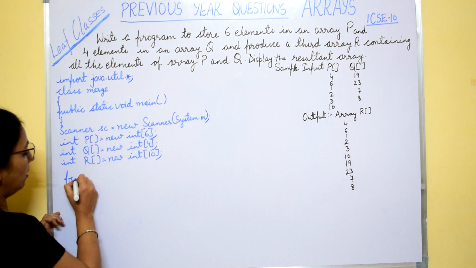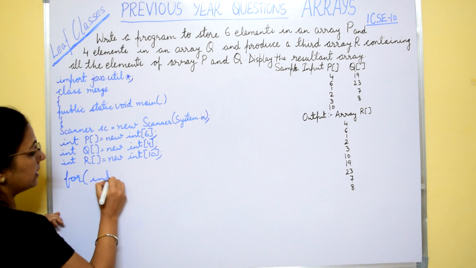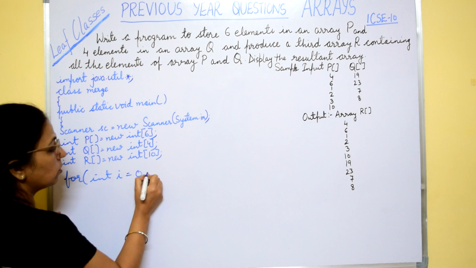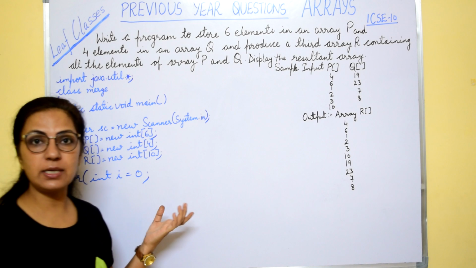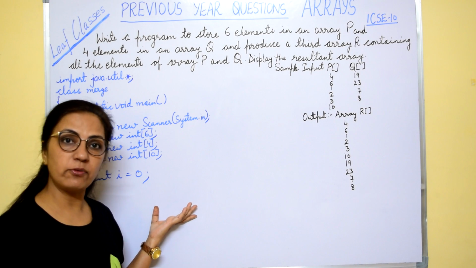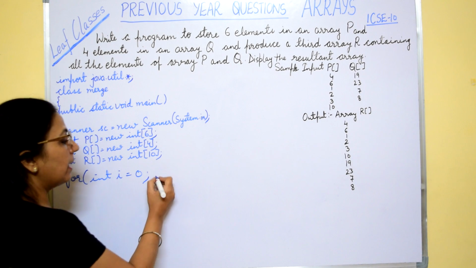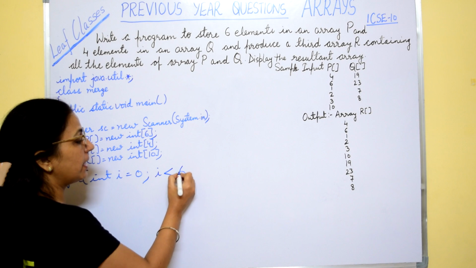So we will take the loop for int I is equal to 0. All of you know that the first index number, the first subscript of the array is 0 and the last subscript is size minus 1.